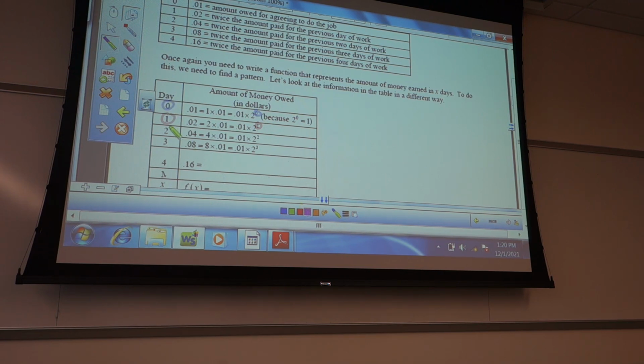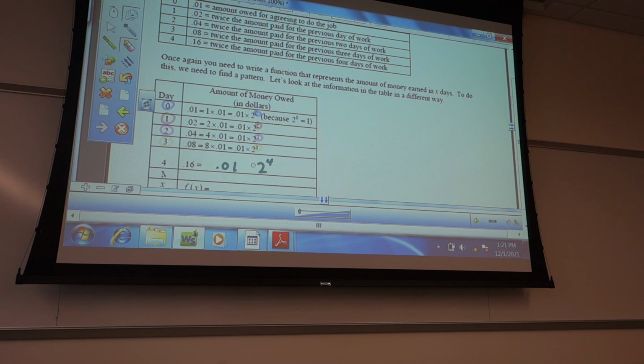The second day, you get 1 cent times 2 to the 2nd power. Third day, you get 1 cent times 2 to the 3rd power. What would be the formula for the 4th day? What's the pattern? 1 times 2 to the 4th power. 0.01 times 2 to the 4th power.